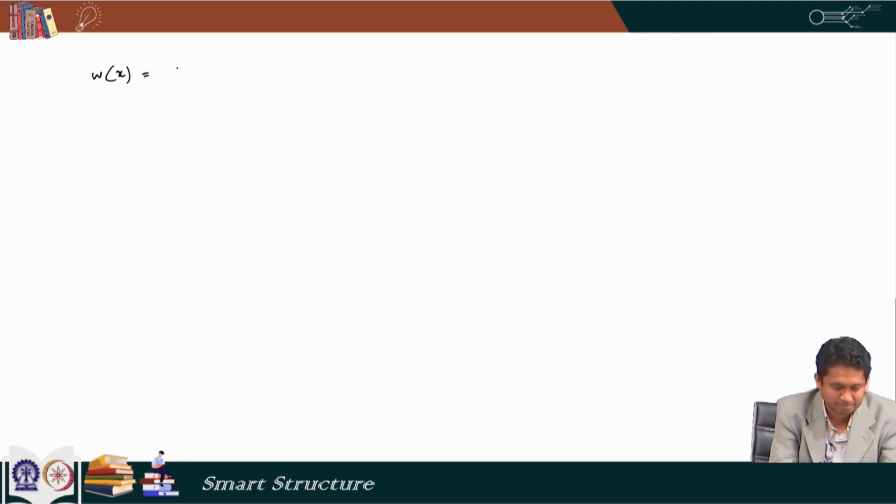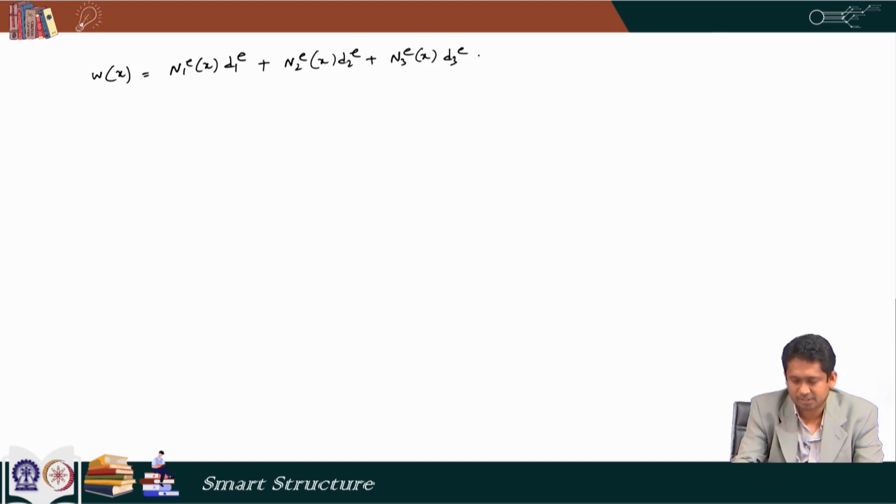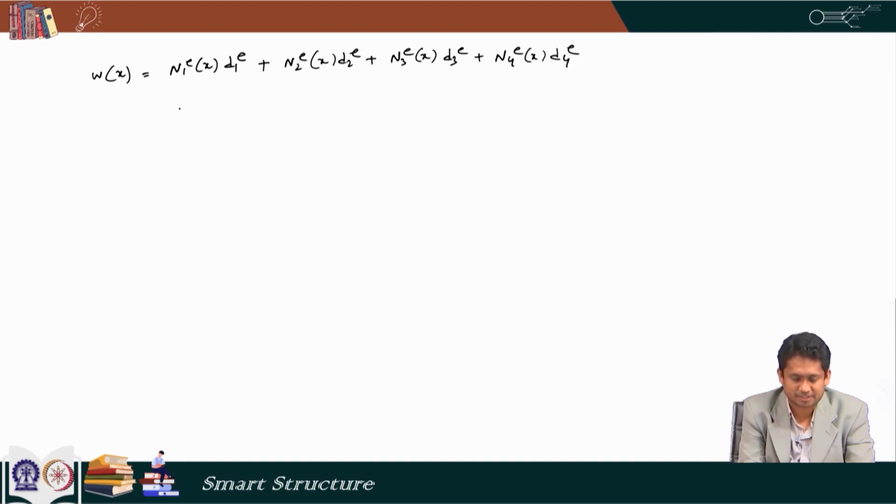So, finally, again we write W of x within each element E as n 1 of x multiplied by d 1, n 2 multiplied by d 2, with of course the superscripts for element E, d 3 plus n 4 multiplied by d 4, and these n's are called shape functions.